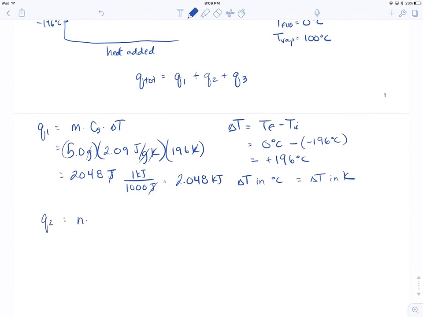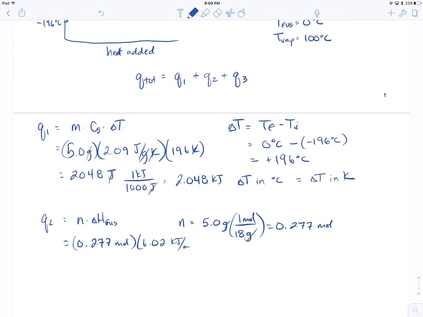In melting, or any phase change, we're looking at the moles times delta H of whatever transition we're looking at. So the moles of water will be equal to my mass divided by my molecular weight. So this is 0.277 moles of water. 0.277 times my heat of fusion from above is 6.02 kilojoules per mole.